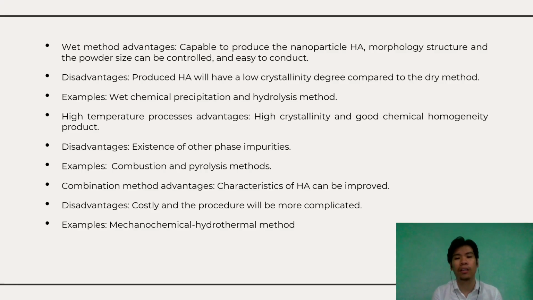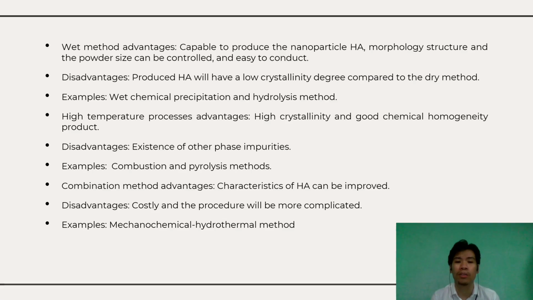Next, the second HA preparation method is the wet method, which uses solvent and aqueous solution as the precursor and reactant during the process. There are many advantages of the wet method that make it the most preferred method among researchers: it is capable of producing nano-size HA particles, morphology, structure and powder size can be controlled, and it is easy to conduct.